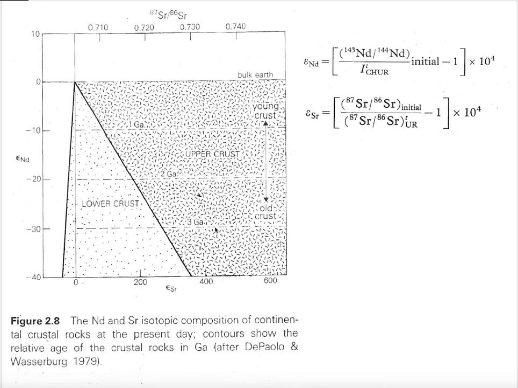The old crust, we are talking about an age of 3 billion years ago, having an epsilon neodymium of minus 30 and ranging between 300 and more than 600 epsilon strontium, and before we are finding such values in the lower crust. And these lines here, that is the upper crust.